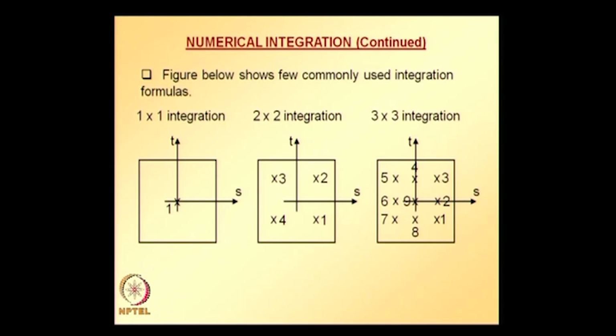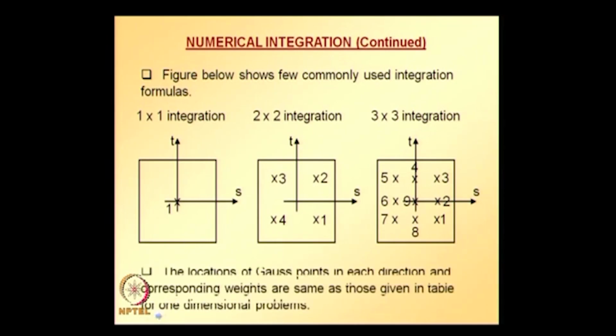In 2 by 2 integration, 2 Gauss points are taken in the direction of S, and 2 Gauss points in the direction of T, resulting in a total of 4 integration points. Similarly, 3 by 3 integration, where 3 points are taken along the S direction and 3 points in the T direction, resulting in a total of 9 integration points, and the location of these points in each direction and the corresponding weights are the same as those we studied for the one dimensional case.